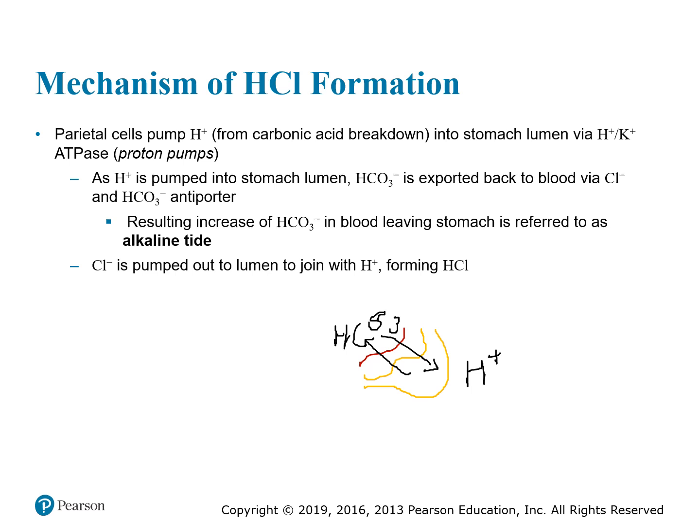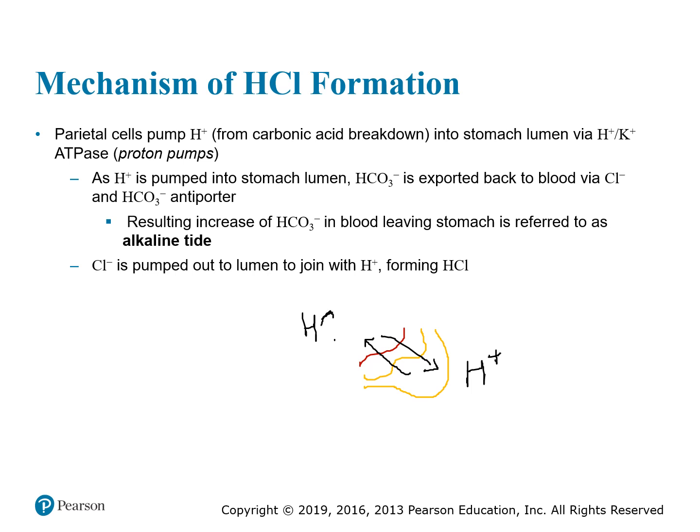Let me write it so it is readable. So this blood becomes very alkaline when it passes through the stomach. Let me take a moment to write HCO3. So this is known as alkaline tide.